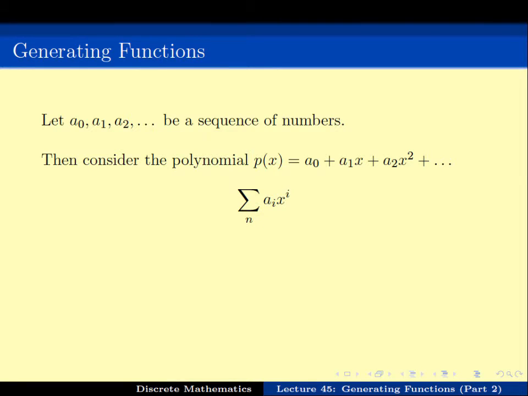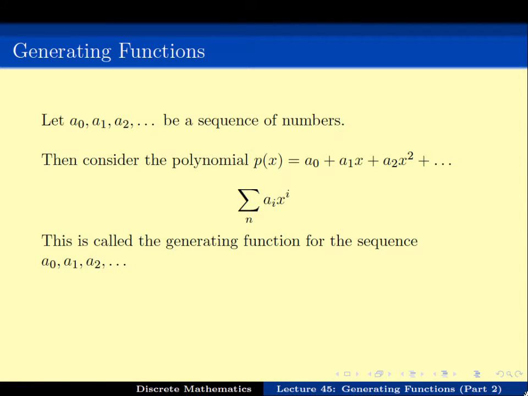In other words, P of x is the summation of an x power n. Now this is a polynomial, and this is called the generating function for the sequence a0, a1 to a infinity.